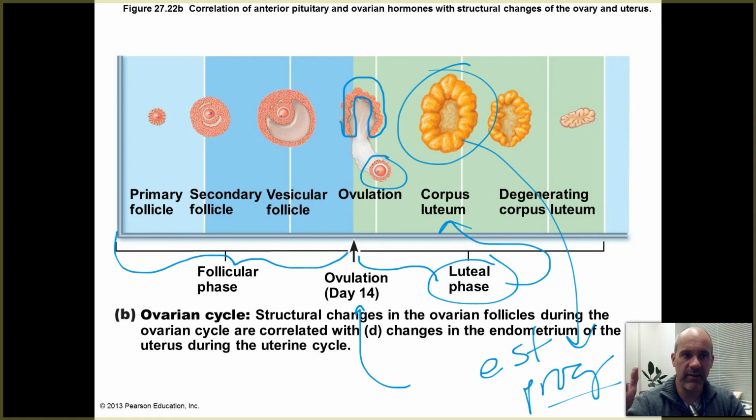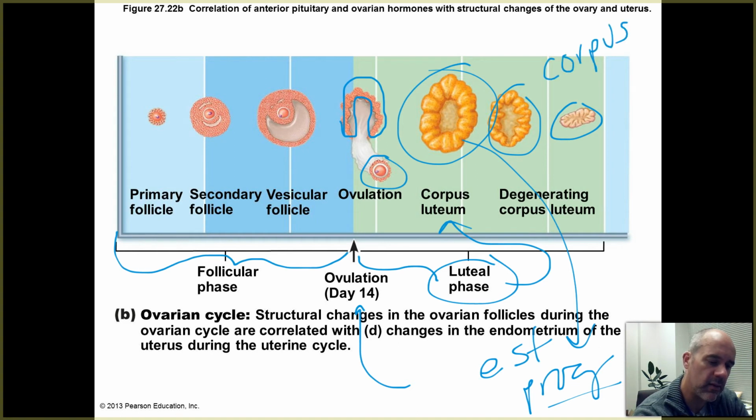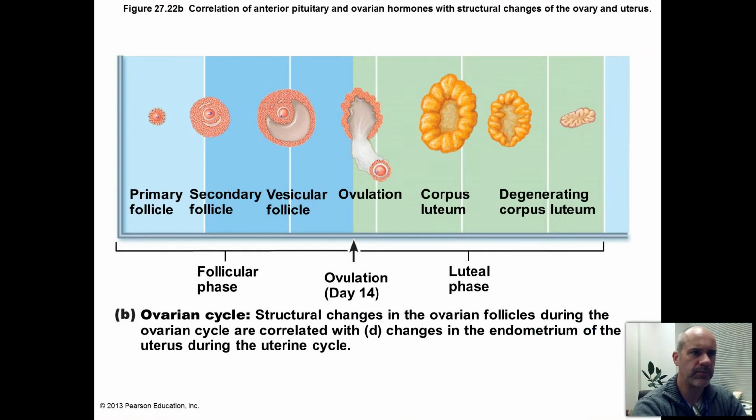If no pregnancy happens, the corpus luteum starts degenerating after about 10 days after ovulation, and it will shrivel up and die and become the corpus albicans, which is essentially a little piece of scar tissue in the ovary.